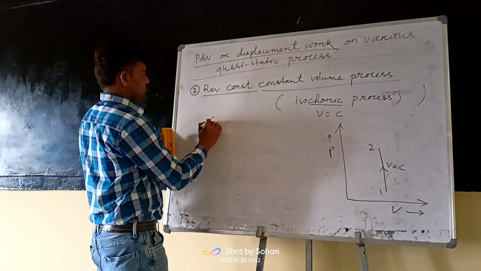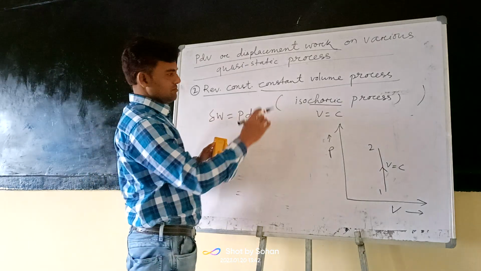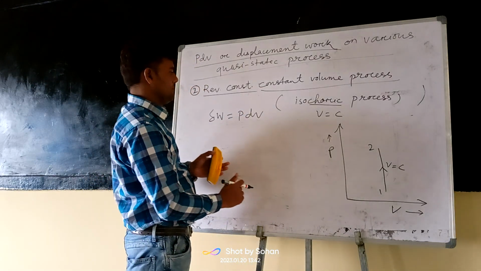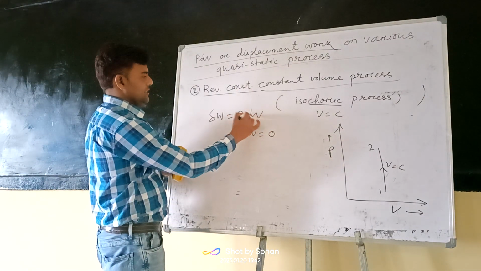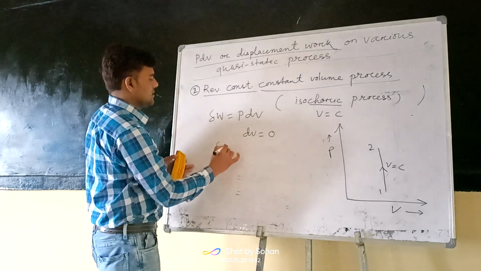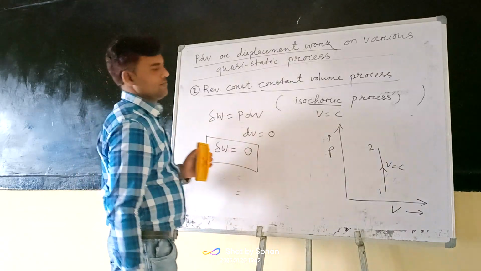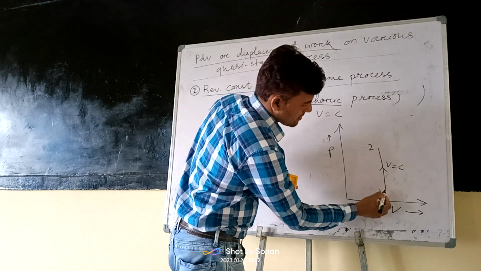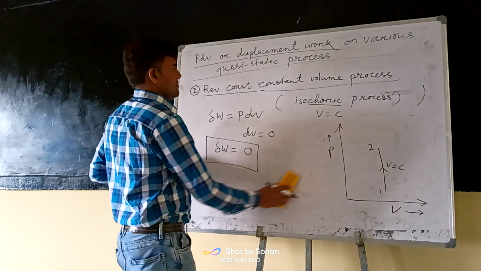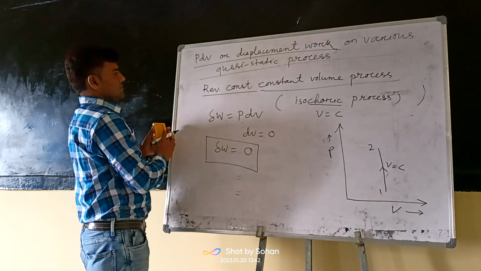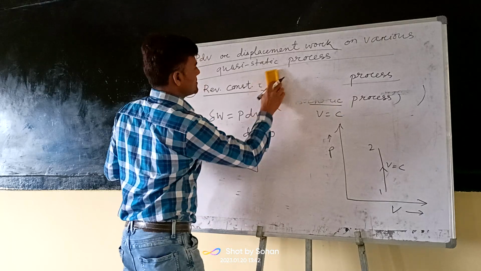So work done, del W equals P dV, and as it is a constant volume process, dV is obviously 0, and P into 0, obviously work done equals 0. Graphically also 0: area under the curve, no area, only a point. The next process is the reversible constant temperature process.